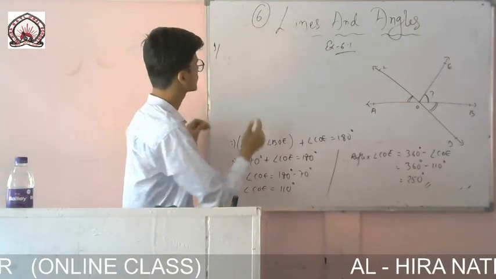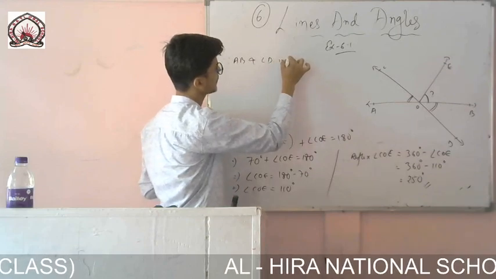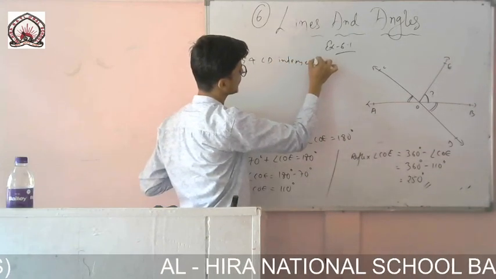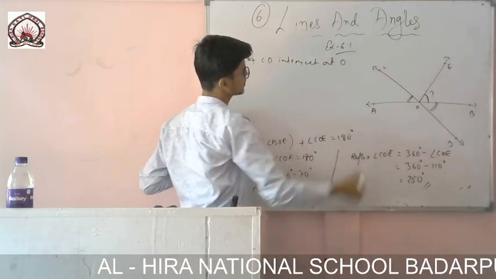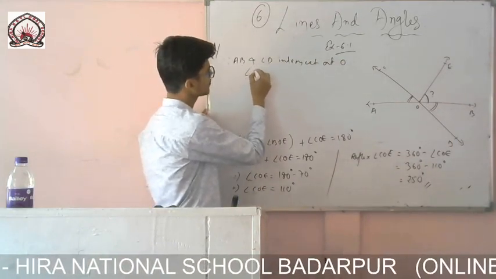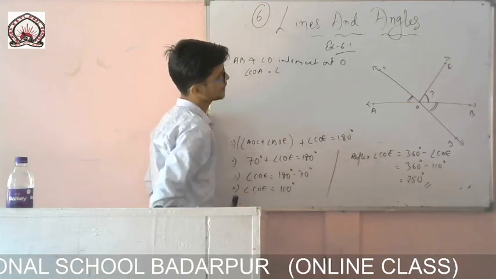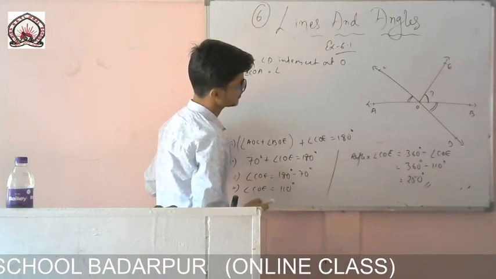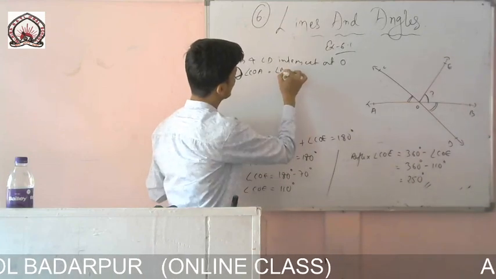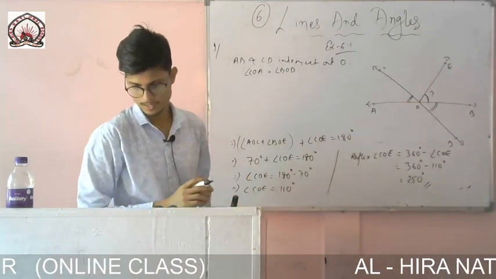I will write like this: since AB and CD intersect at O, I can write angle COA is equal to angle BOD.